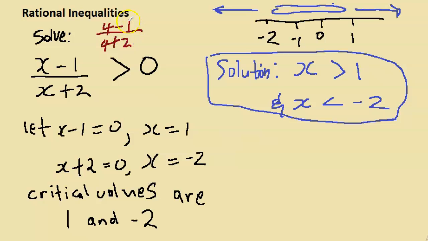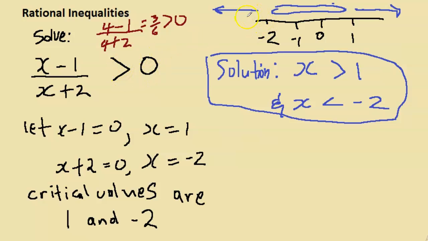Now, what's 4 minus 1 over 4 plus 2? 3 over 6. And is 3 over 6 more than 0? Yes, it is. So any value above 1 will make the value more than 0.